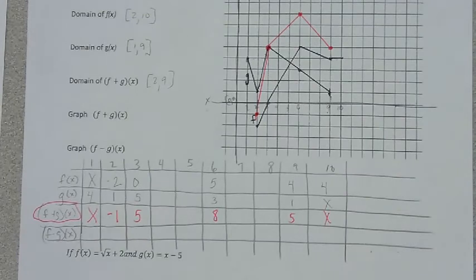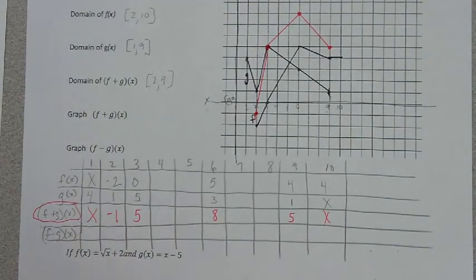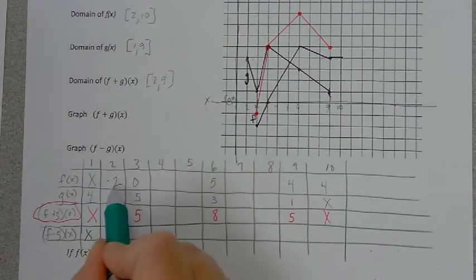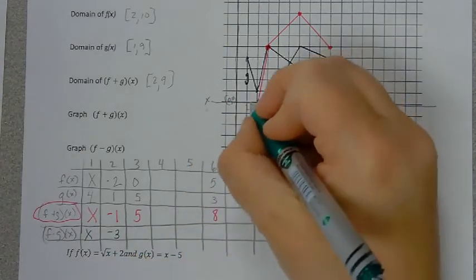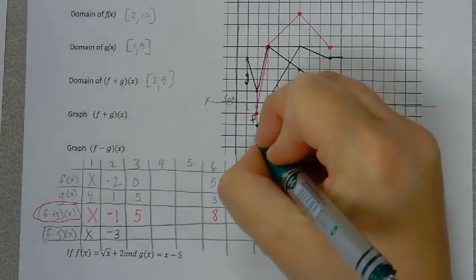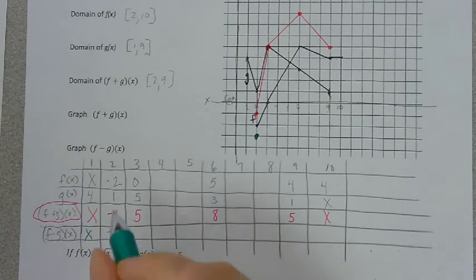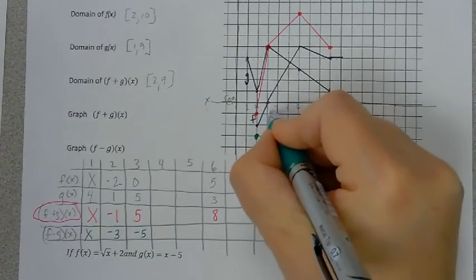Let's do subtract. I'm going to do that one with the green pen. So I have the f function subtract the g function. Nothing happens here. It can only happen where the two intersect. Now I'm going to do the subtraction. -2 subtract 1 is -3. So at 2, this one's going to be down here at -3. 0 subtract 5 is -5. So at 3, I'm at -5.